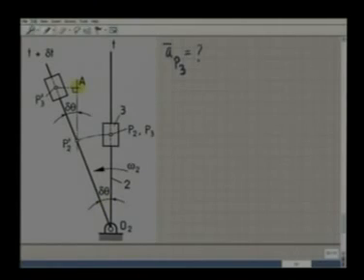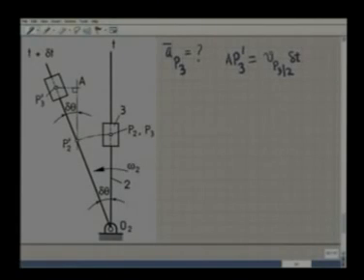And that, let us calculate what is that. As we see, this distance, during this time delta t, the rotation of this rod number 2 is delta theta, and this distance P2 prime to P3 prime is the movement of the block 3 along the rod, which is the velocity with which it is moving on the rod, Vp32, into delta t. During time delta t, it is moving with the velocity Vp32.